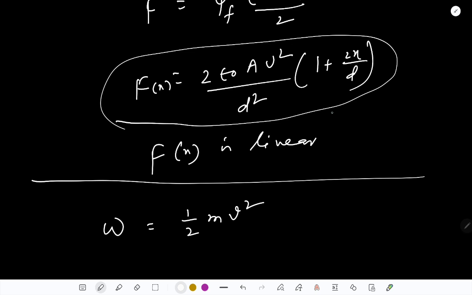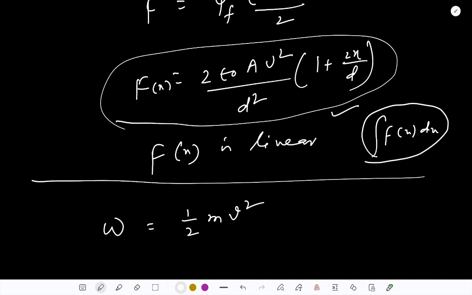But to calculate the work done by this force, I'm not going to integrate this, but rather, since force is a linear function of x, where I would need to integrate Fx dx, I'm going to take its arithmetic mean from the 0 value to the final value, and multiply it by the displacement d by 2.